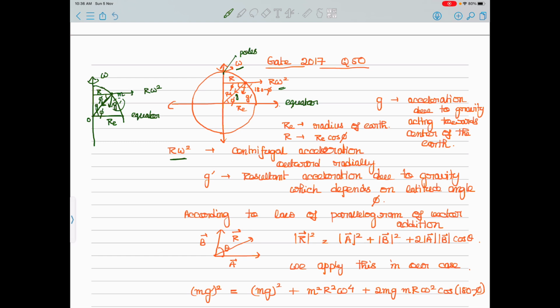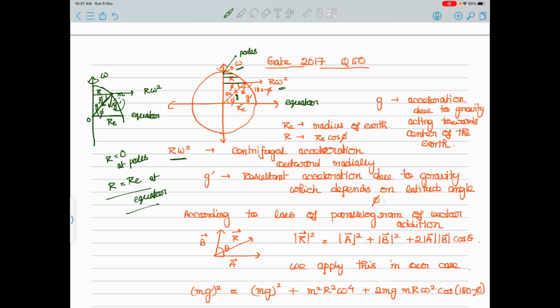This r will change as you go from equator towards the pole. At the equator it is the radius of the Earth, and at the poles it is absolutely 0. So r is 0 at the poles, and r is equal to the radius of the Earth at the equator.